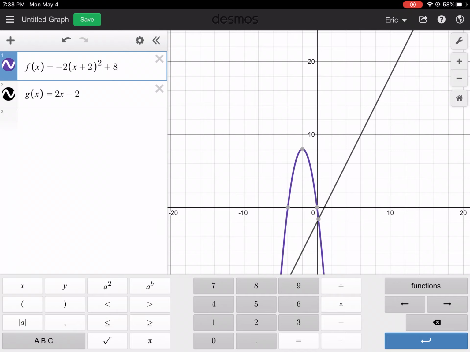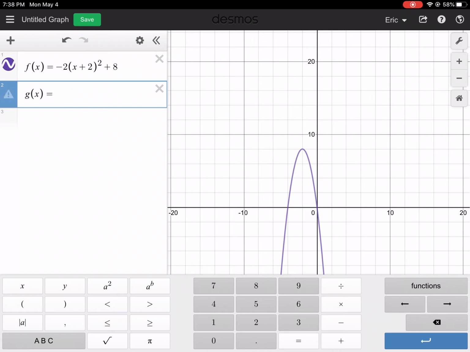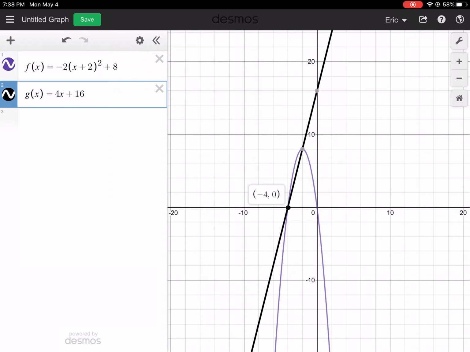And then the next one is going to be our g of x equals 4x plus 16. And it graphs them for you. So all you have to do is take a look here. We have negative 4, 0 is one point, and negative 2, negative 8 is the other point. And that is the answer for number 3. So that's how you can solve systems graphically.